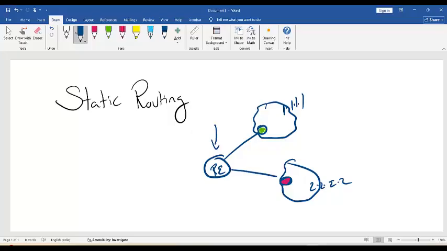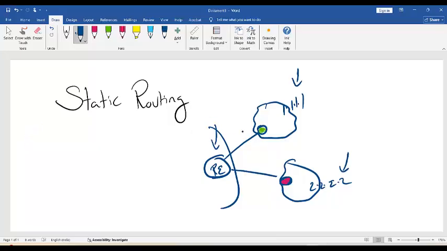RE is not provider. RE is our edge router. We usually call it customer edge. This customer edge router needs a route in order to talk to this network and this network.